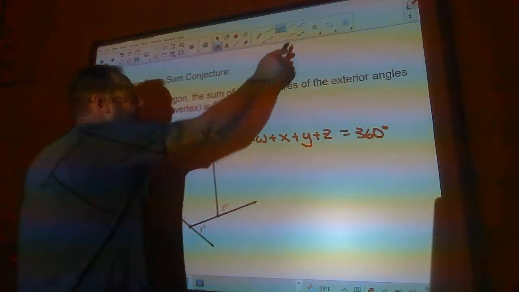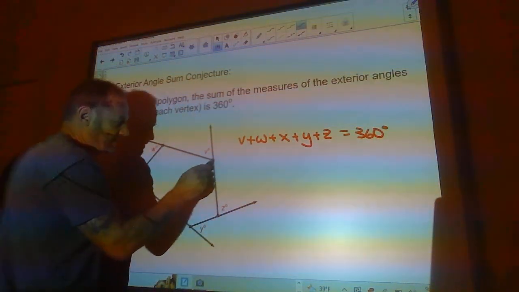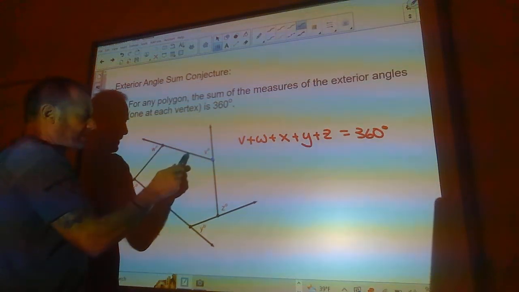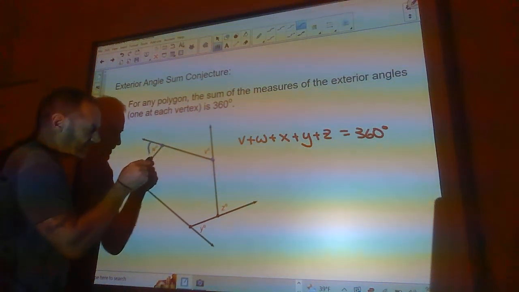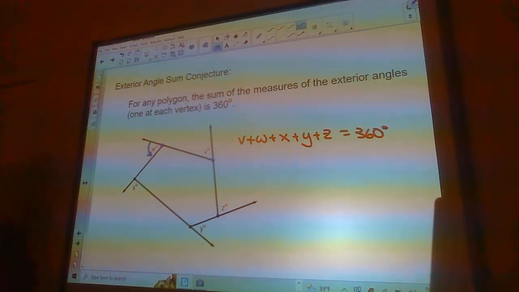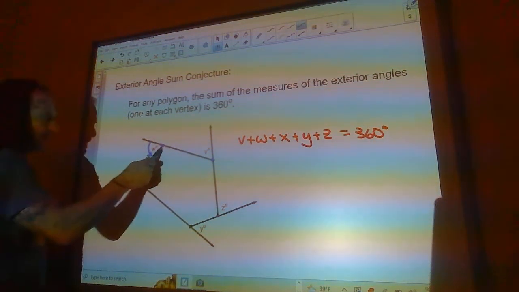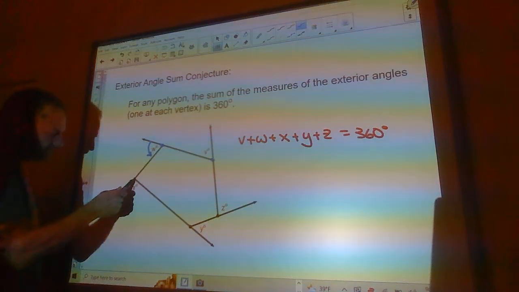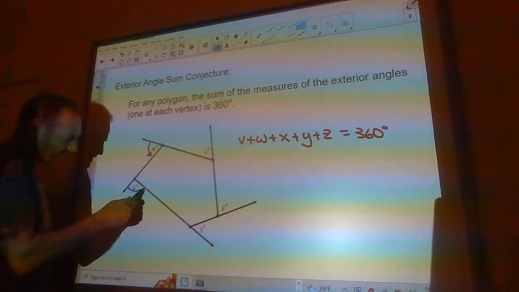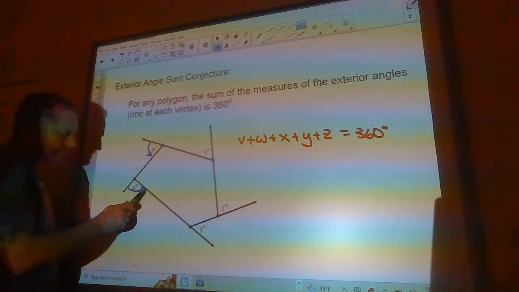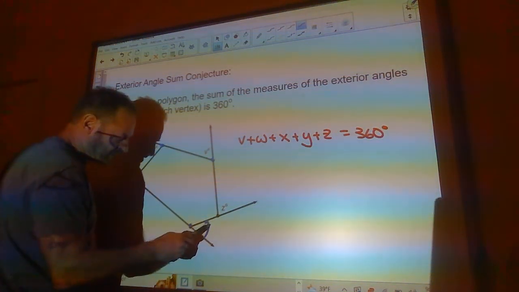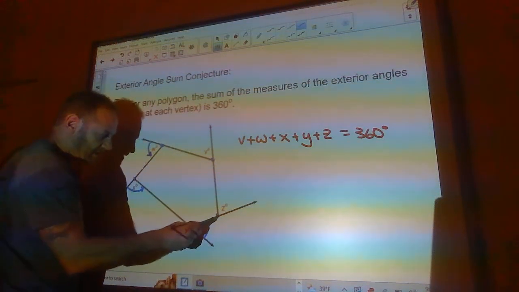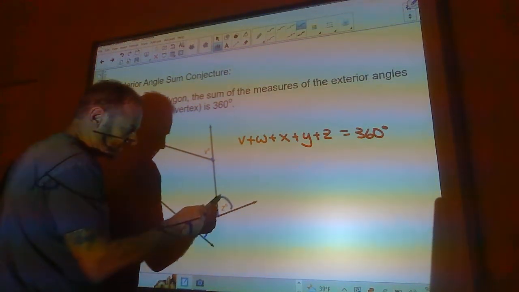Well, here's the deal. Let's pretend that I was standing right here, and I was walking this direction. I walked until I reached this point right here, and I turned this number of degrees. Now I'm walking this direction, and I keep going until I get here, and I turn this number of degrees. Now I'm walking here, I walk to this point, I turn this number of degrees. I'm now going this way. I walk to here. I turn this number of degrees.